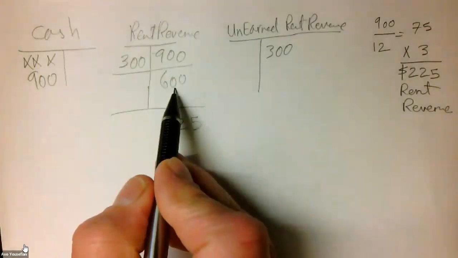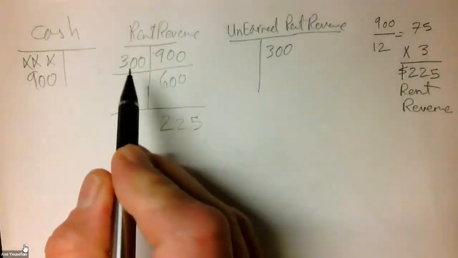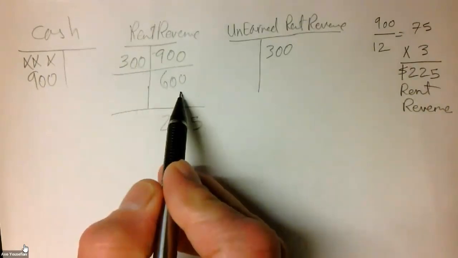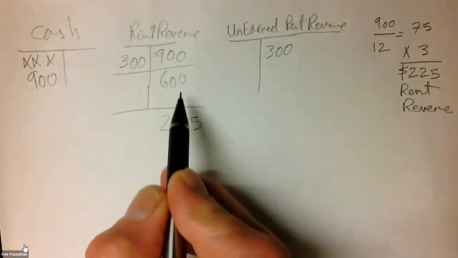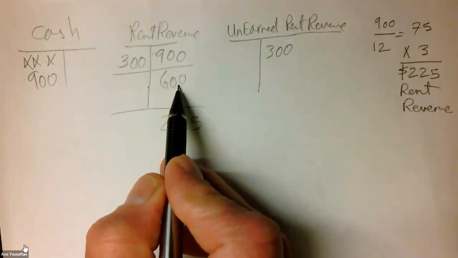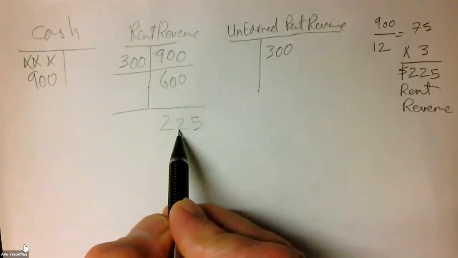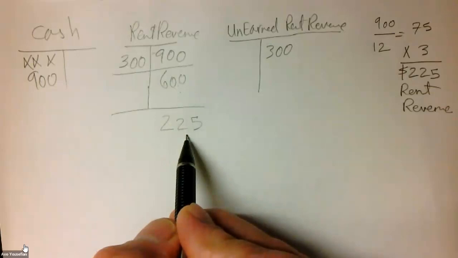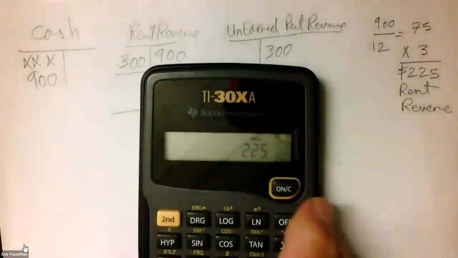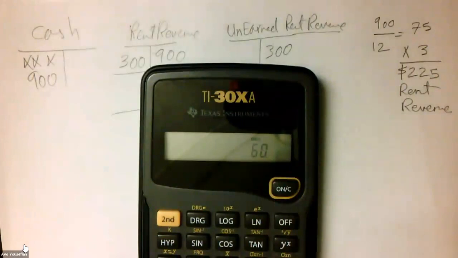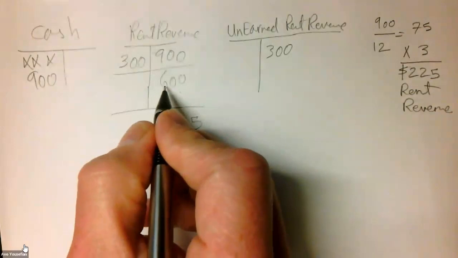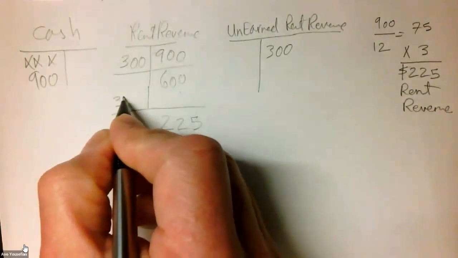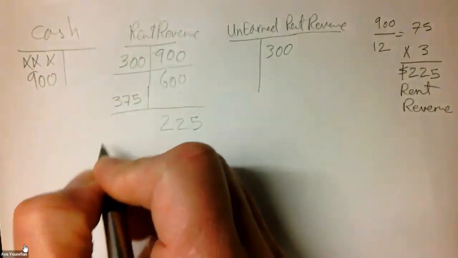But how much rent revenue do you have? After deferring $300, you have $600 rent revenue. That's not good. You need to have how much? $225. So how do you get from 600 to $225? Here is the difference: minus 600, that's $375 difference. So you take another $375 from rent revenue.